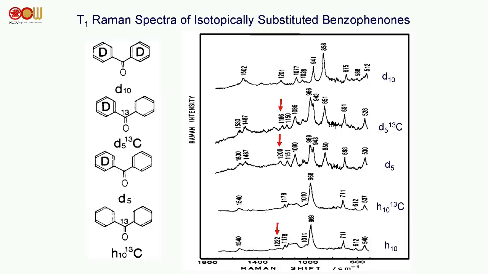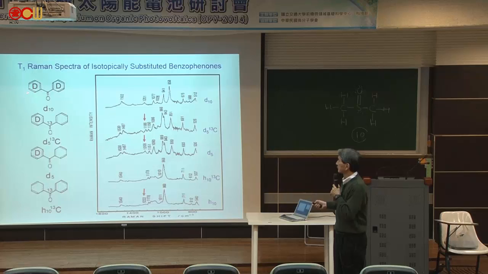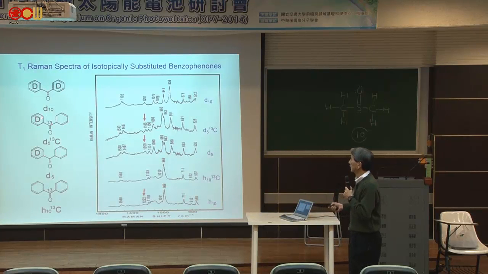What we did was to assign the bands. So this is many different isotopically substituted benzophenone. Here, all the hydrogens in the two phenyl rings are deuterated. And here we have one ring deuterated, and here we have carbon-13.